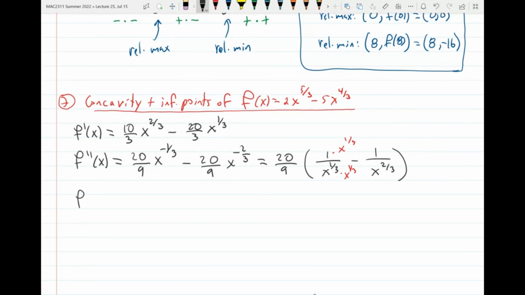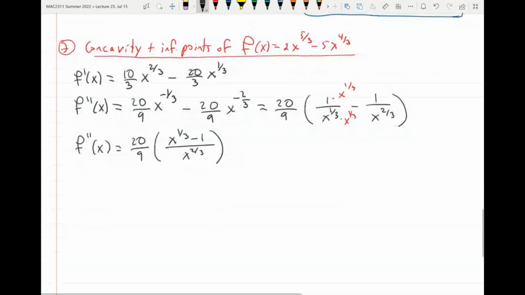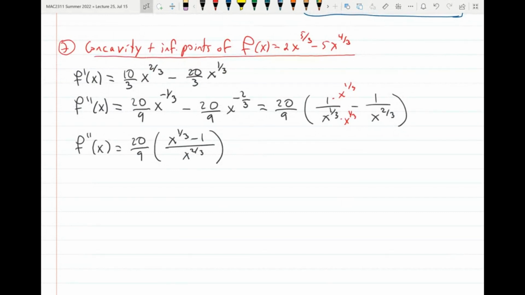So we get that our second derivative is going to be 20 over 9 times x to the 1 over 3 minus 1 over x to the 2 over 3. Okay, so that's our second derivative, and now we have it in a form that is very easy to analyze, zeros, undefined, etc. Because remember, our job now is to find the sign of the second derivative.